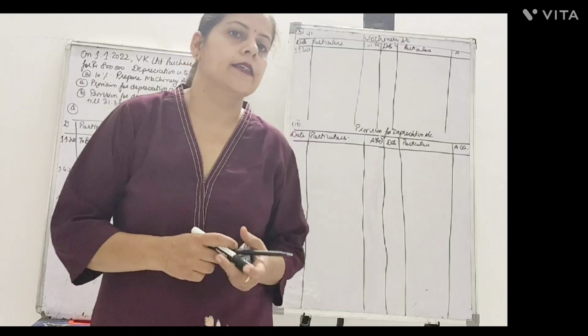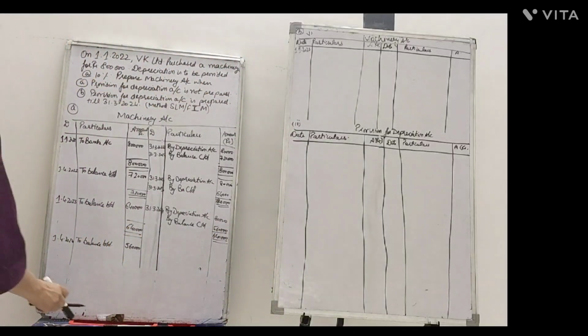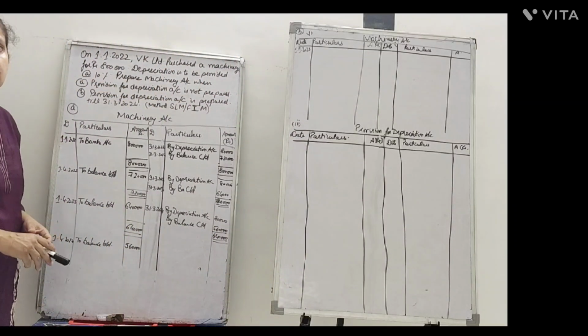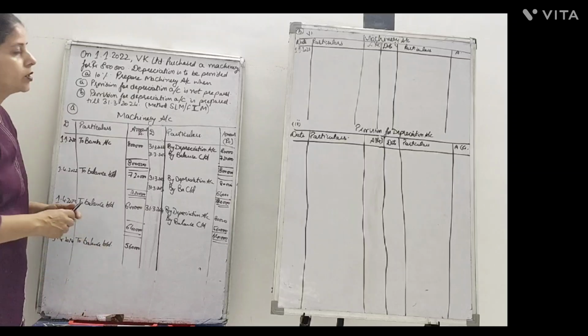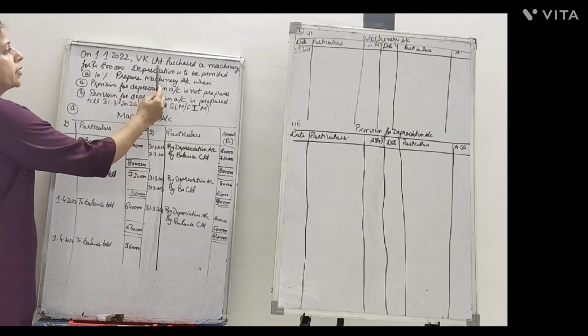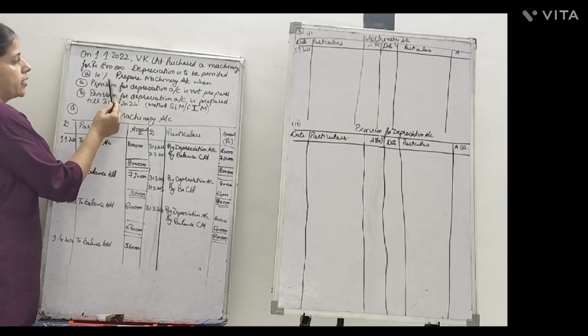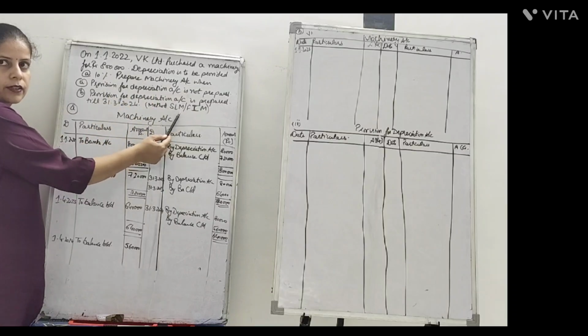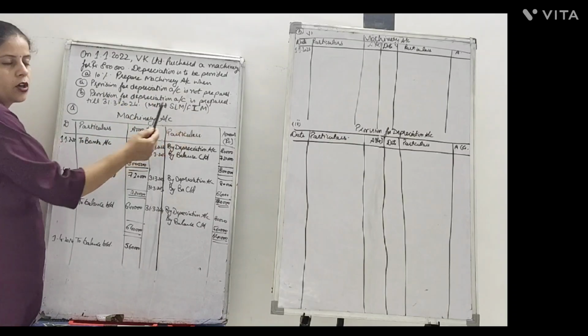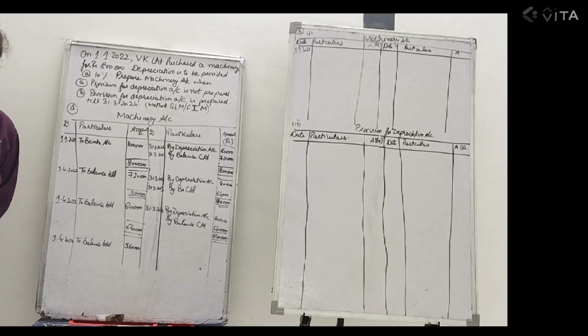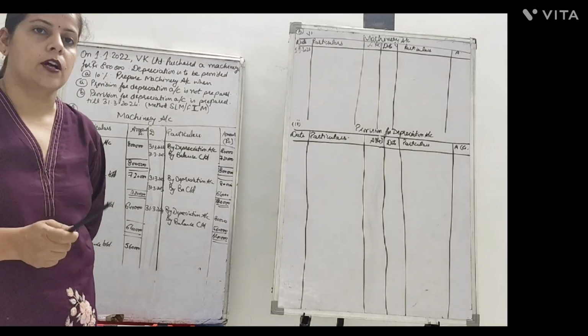So let's start, guys. First of all, I have a statement in which it is given that on 1st of January 2022, a company purchased machinery for rupees 8 lakh. Depreciation rate is 10%, and the method is given as the straight line method or fixed installment method, in which depreciation per annum remains constant.